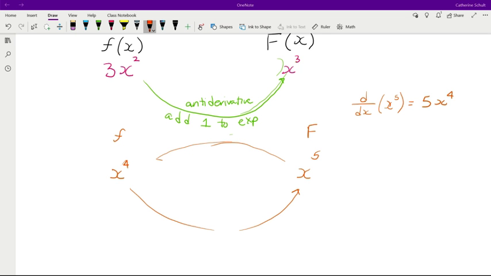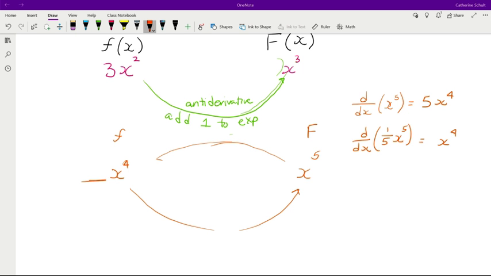But our coefficient for f is 1. So to end up with x to the 4th, we have x to the 5th, but the coefficient would have to be 1 over 5.